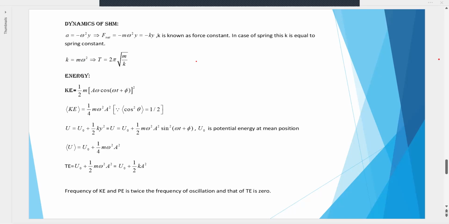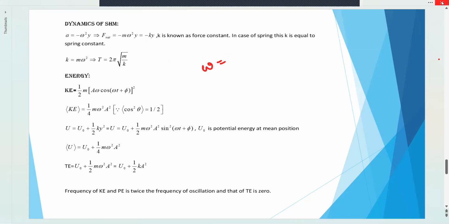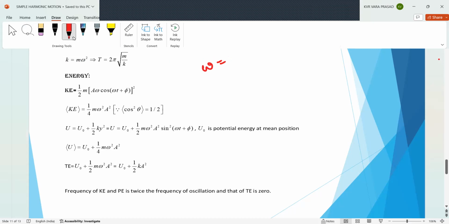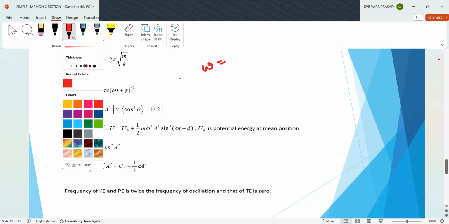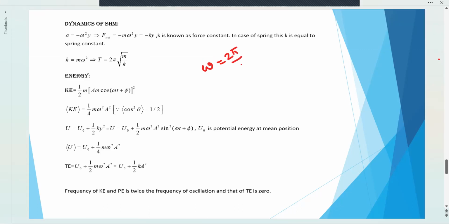And omega is 2 pi by T. I am writing here. Omega equals 2 pi by T. And we got the omega value, root of k by m, that you can see here.